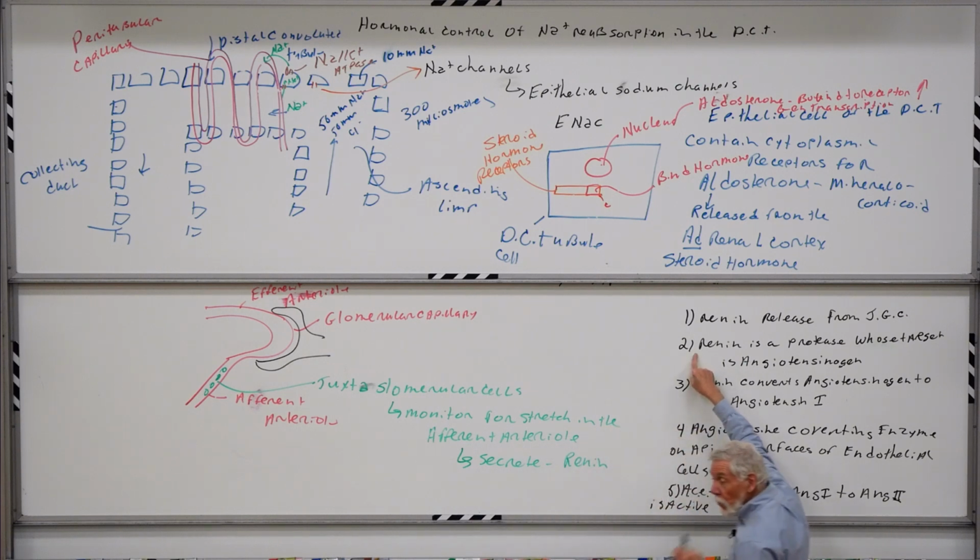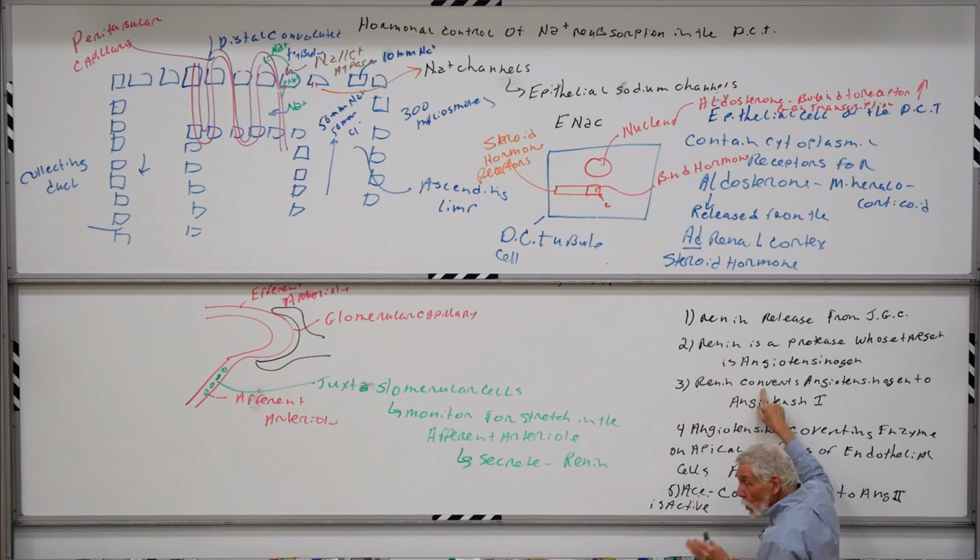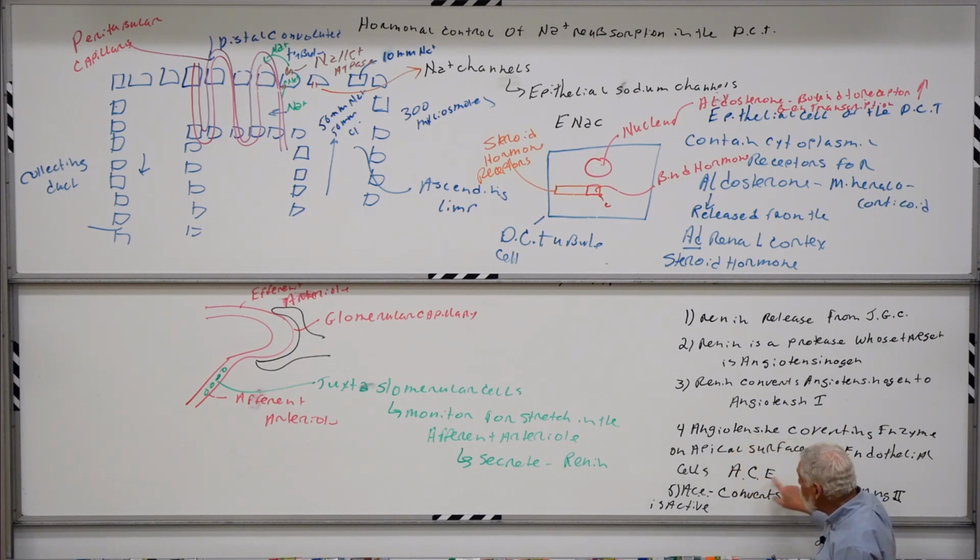None of the rest of these function in the blood vascular compartment except to be there. What I mean by that is the renin converts angiotensinogen, which doesn't do anything in itself, to angiotensin 1. Angiotensin 1 doesn't do anything in itself until it's converted to angiotensin 2 by the angiotensin converting enzyme. And this is the active player.